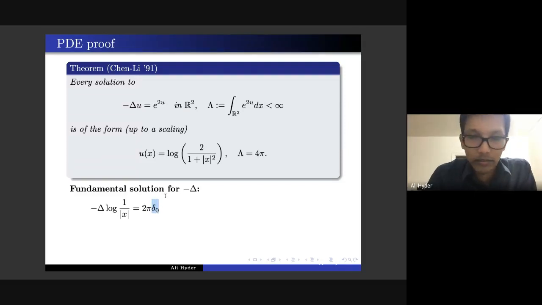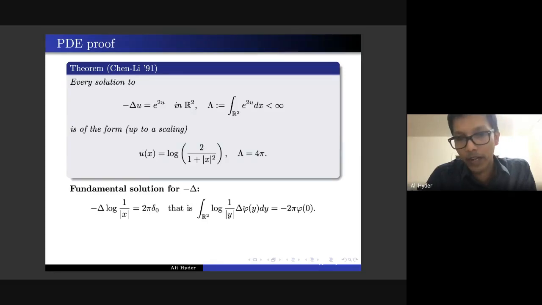What it means is that if you take any function phi which is smooth, or here you can just take C2, and which has compact support, then this is at least a bounded continuous function with compact support, and you can integrate it, and you will get exactly minus 2 pi times phi of 0. Here, log is a smooth function outside the origin, so if you compute the Laplacian, you would get identically 0. The only problem is you cannot take the derivative at the origin.